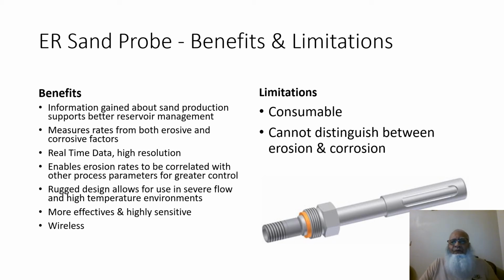It can be used as wireless. The limitations are that it is consumable, because those probes are consumed or eroded during installation and monitoring. The largest snag of this technique is that it cannot distinguish between erosion and corrosion.